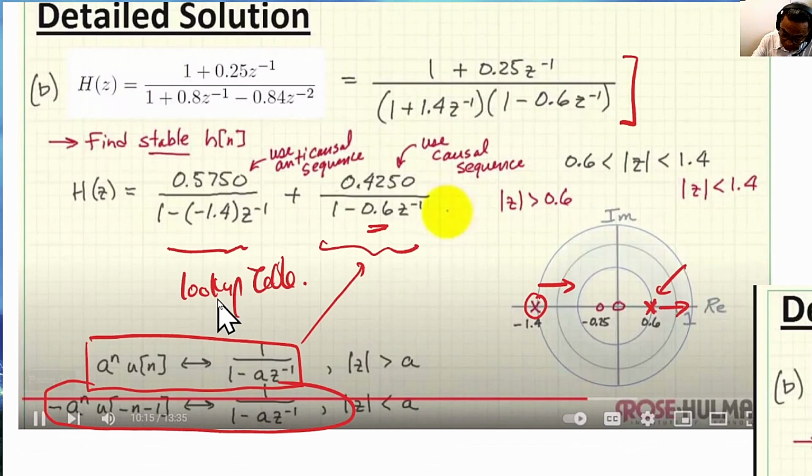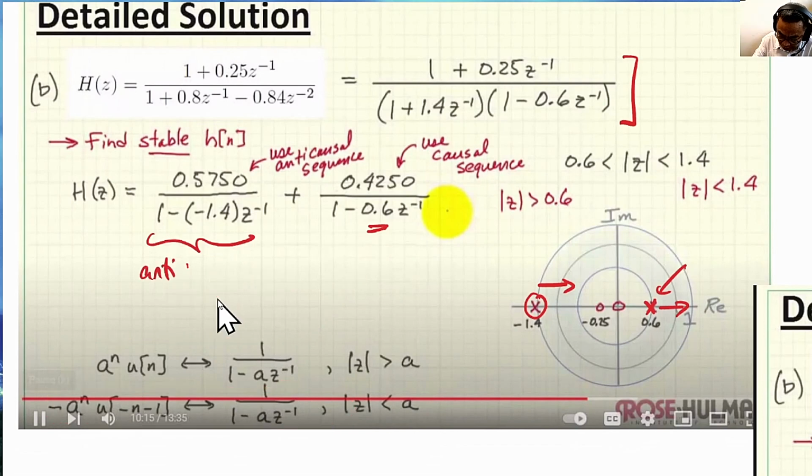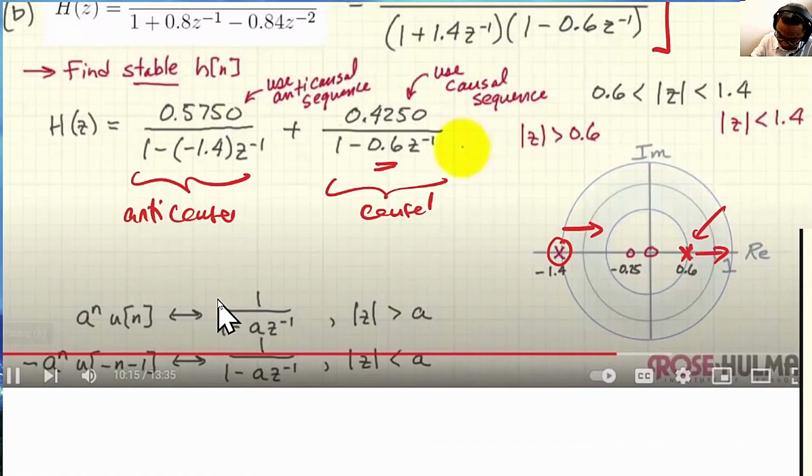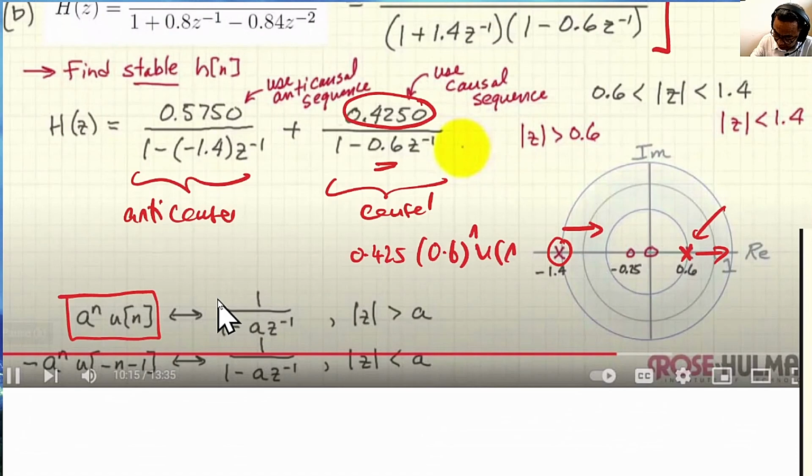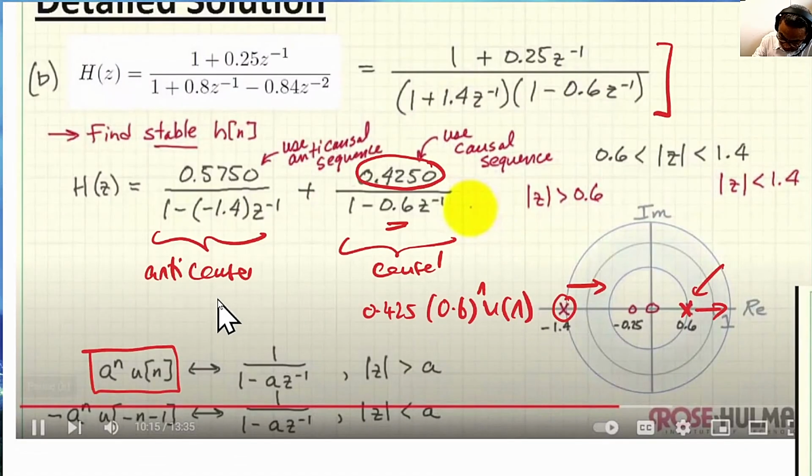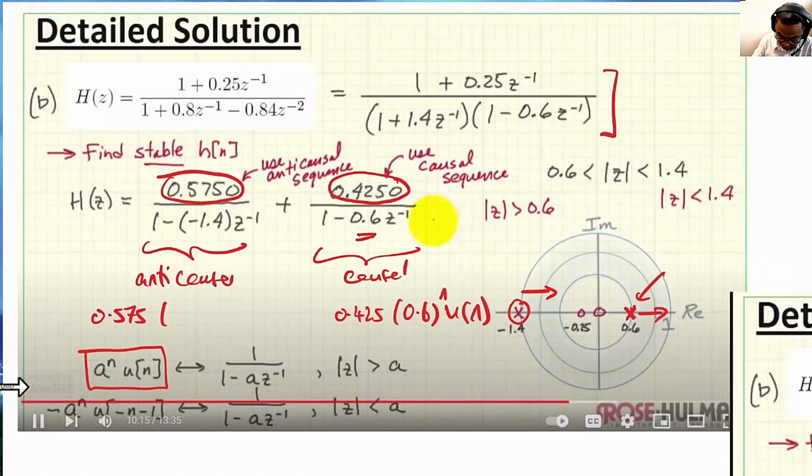So now we know that this is the anti-causal sequence, this is the causal sequence, and we can write the answer here. The numerator constant 0.425 comes out, and then we just put in this expression, where a is 0.6, a to the power n, u of n. For the anti-causal, the numerator constant 0.575 goes out, and then we plug in a minus sign on the outside.